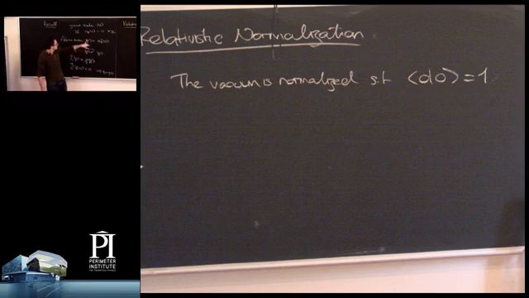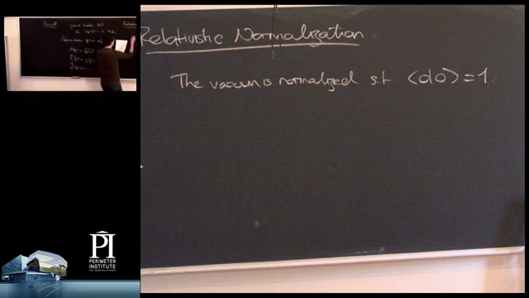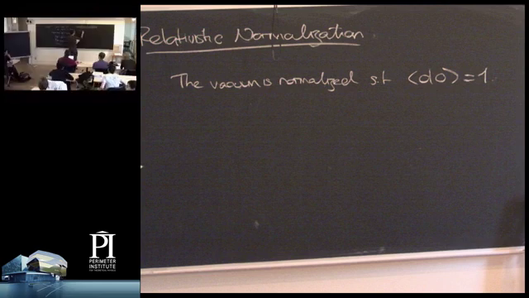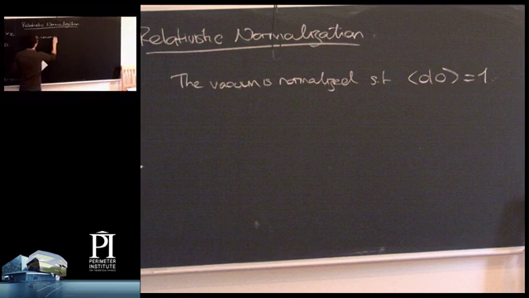And it's going to turn out that although these are the right states to look at, there's a normalization that we could put in front of here. And we're going to have to choose a slightly different normalization than the naive one, which has just arisen, which is 1. OK. So the vacuum is normalized in a sensible way. It just has unit norm.